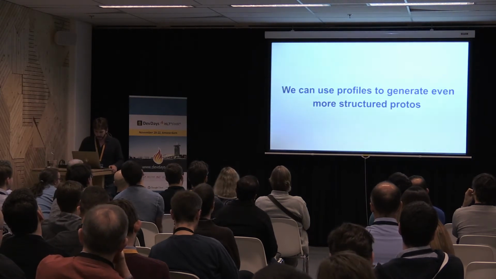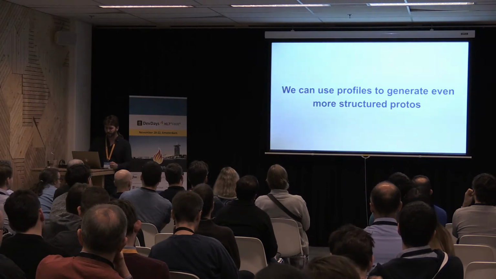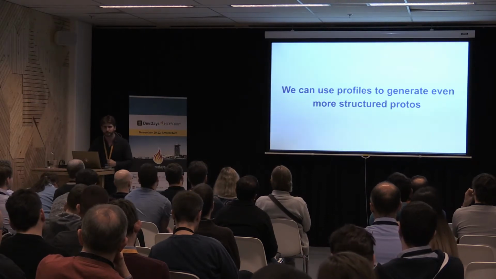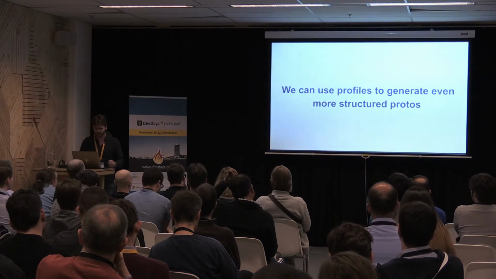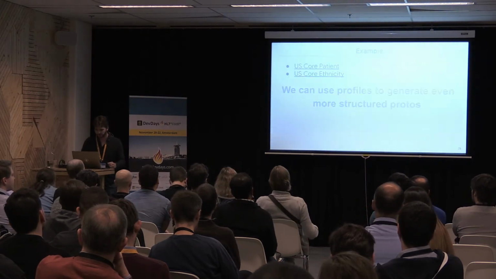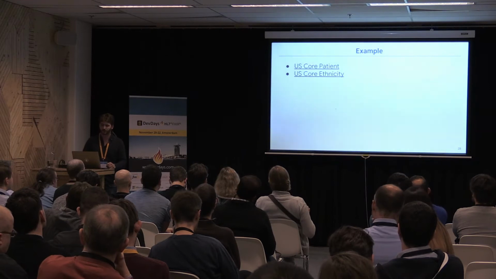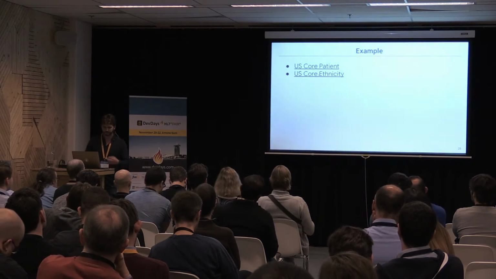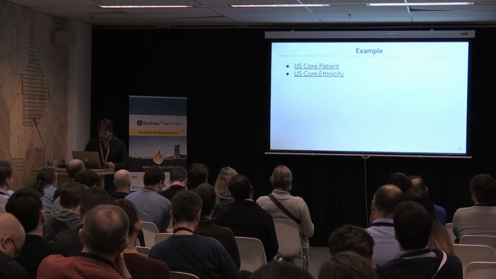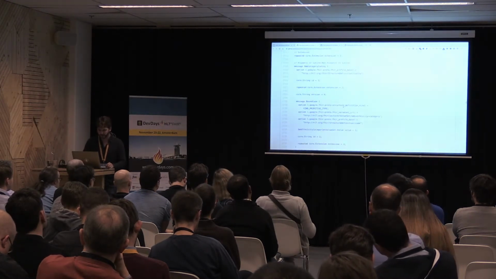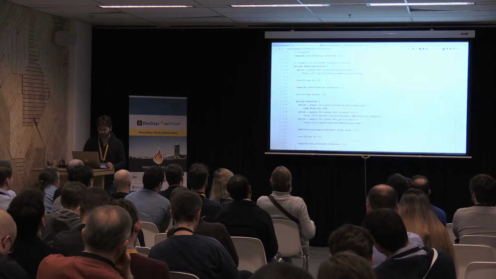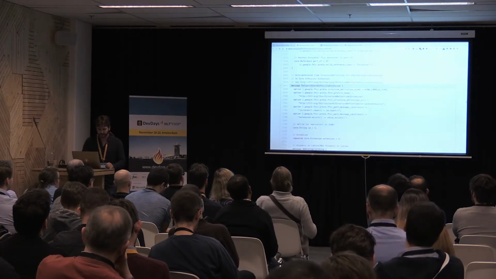So we can use these profiles. FHIR-Proto understands FHIR. So FHIR-Proto understands profiles, it understands extensions. So we can use these profiles to generate even more structured data. We read that ethnicity extension definition, and we generate a structure.